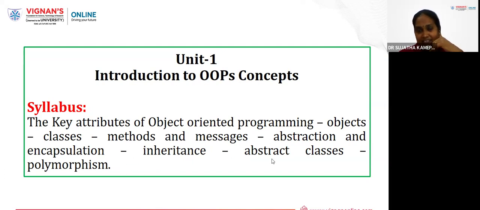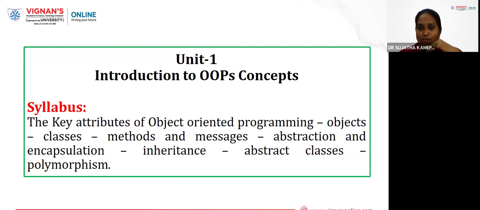All these are the key attributes of object-oriented programming, right? We are going to know what is an object, what is a class, what are the methods, what about abstraction and what about encapsulation. Those things I will explain.